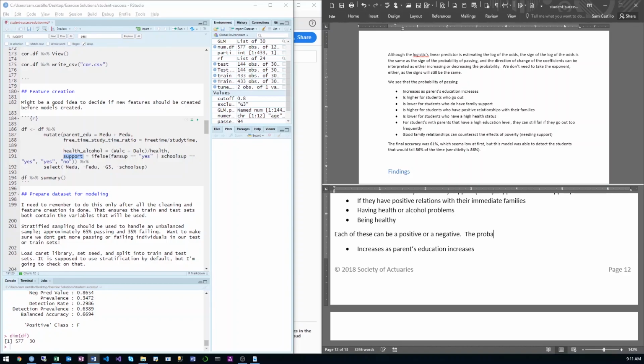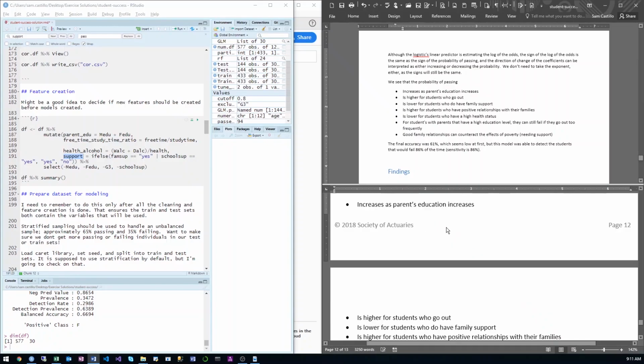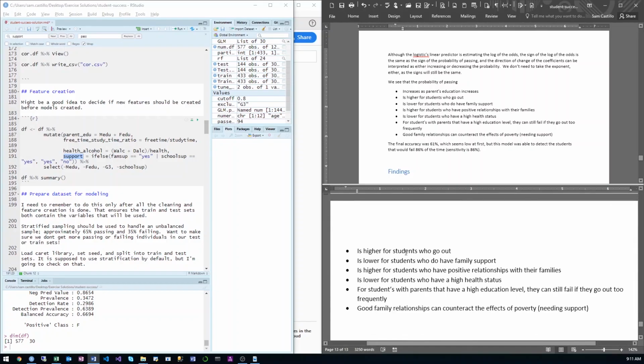The probability, the likelihood of passing increases. It's always difficult to word these bullet points. Is higher for students who go out and take breaks.